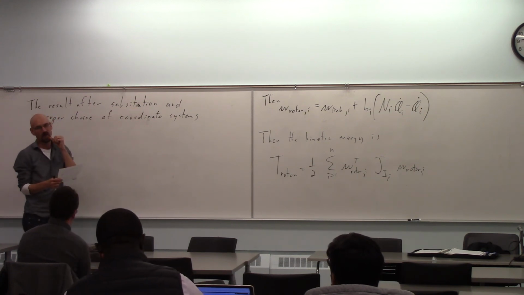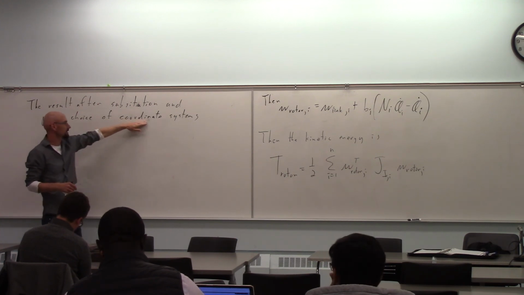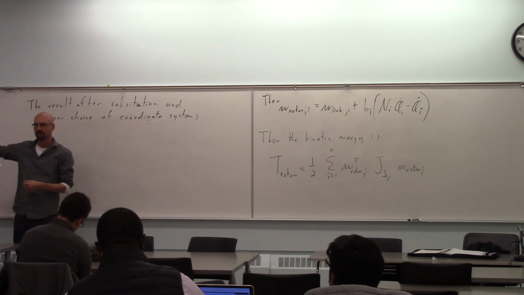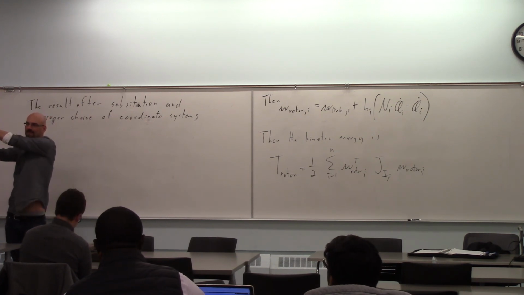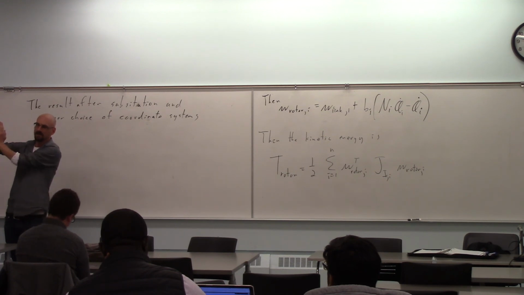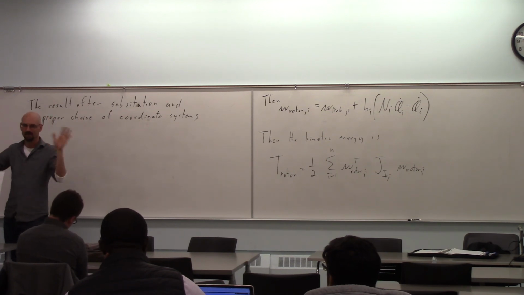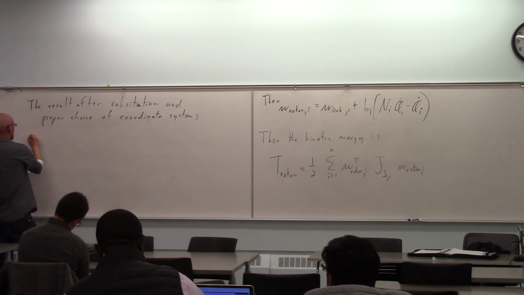Nothing too onerous on your part. And when I say proper choice of coordinate systems, that's where I'm talking about this planar robot where Z is going straight up. If I have Z going at an angle, it's going to be a really complicated expression for me. But if I stick Z going straight up, so that my joint is rotating about Z, then these expressions become fairly simple.